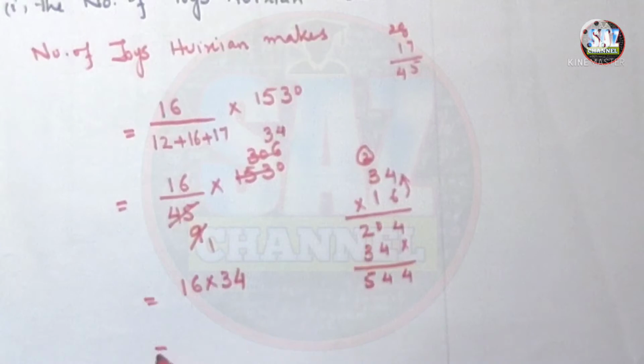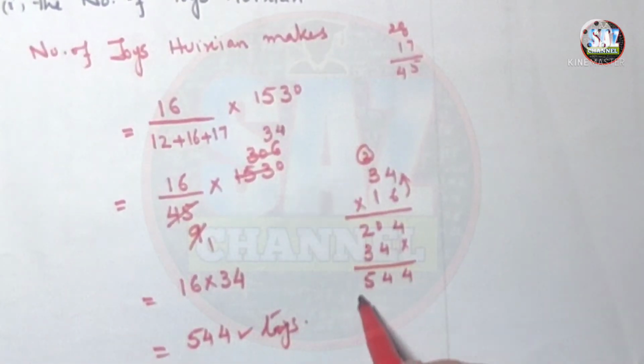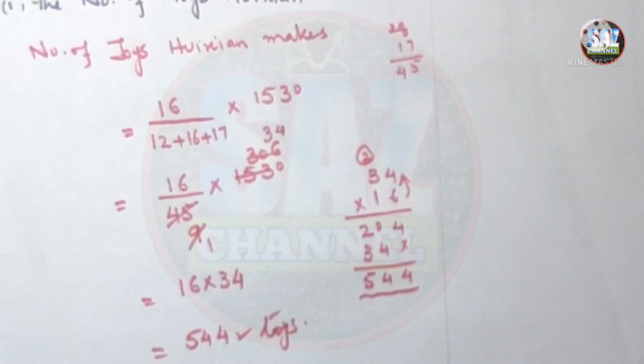So 544 toys Higson is making. I hope you are really clear and you are observing carefully how I am teaching you to perform the calculations so that you can easily perform your calculation in paper 1.